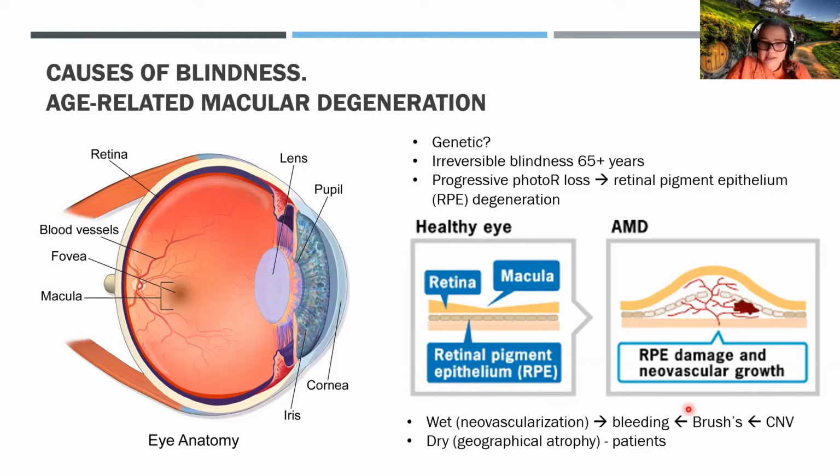And why does that lead to irreversible blindness? Because these vessels can bleed and thus lead to blindness. So you see here retina, above is macula, and here you see retinal pigment epithelium layer.